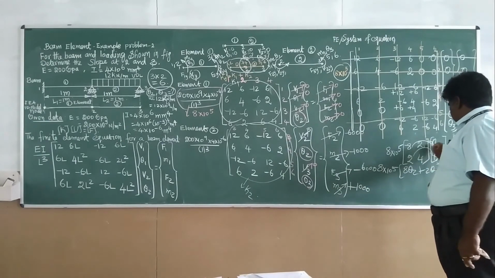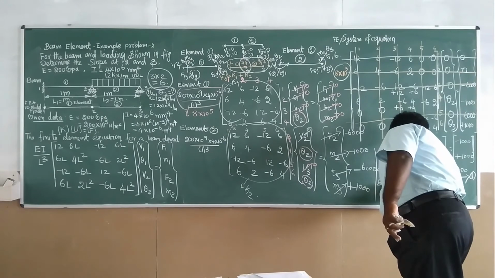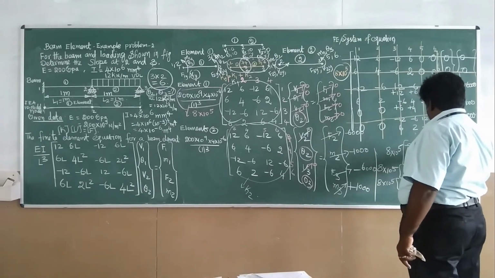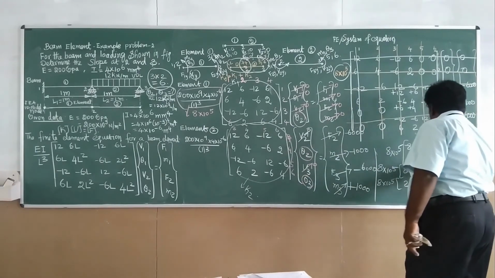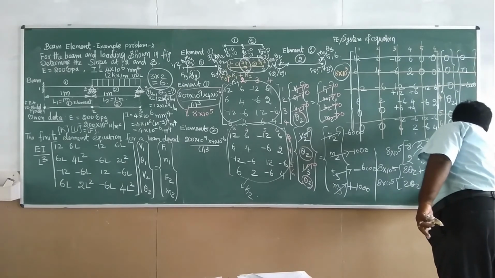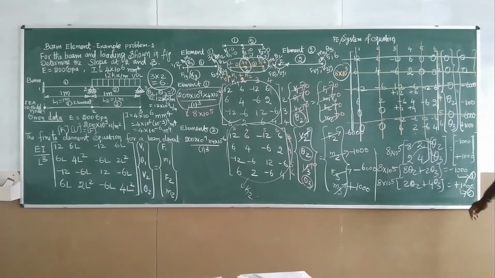Then 8 into 10 power 5, 2 into theta 2 plus 4 into theta 3 equal to plus 1000. This is equation number 2.